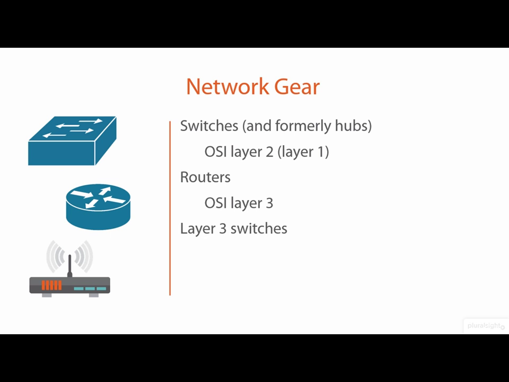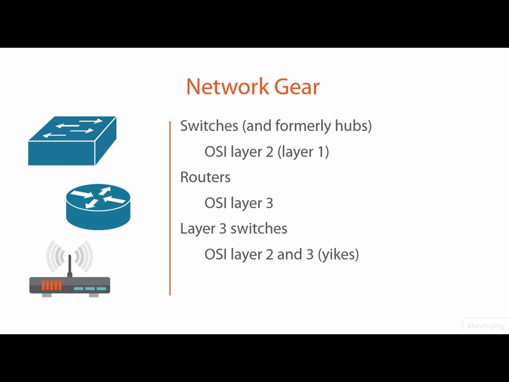These are just meant to really confuse newbie students who think they finally have it figured out that switches are at layer 2, routers are at layer 3, and then we come and mess it all up and say, well, here's a layer 3 switch. Well, a layer 3 switch is functionally at OSI layers 2 and 3, right? What it is, it's just a router and a switch combined into one single device.